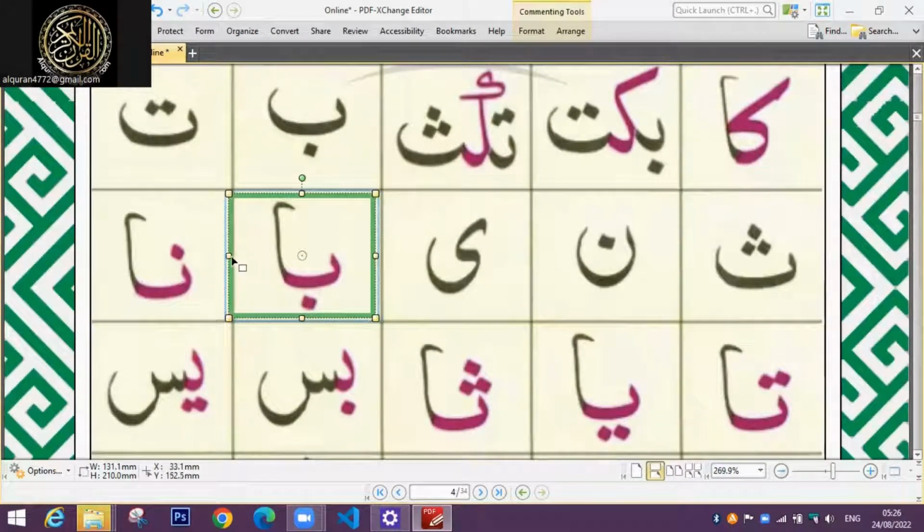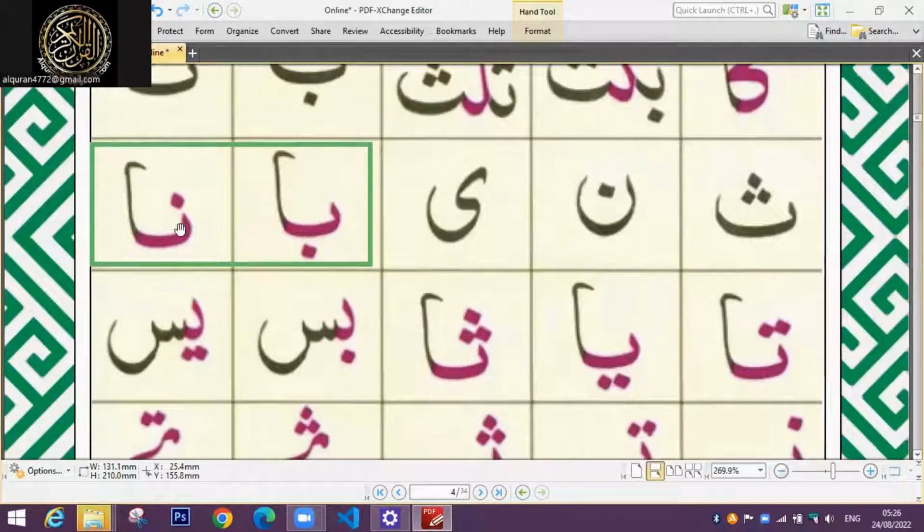So next one is noon. Noon alif. If a dot is on the bottom, that one is a ba. If on the top, that is called noon. Okay, ba alif, noon alif.